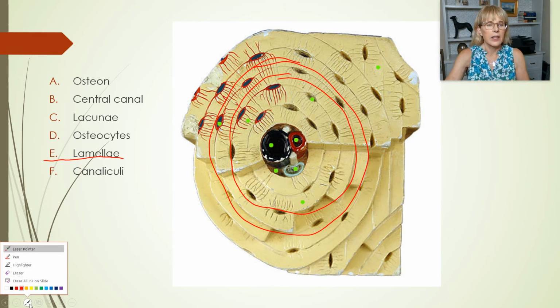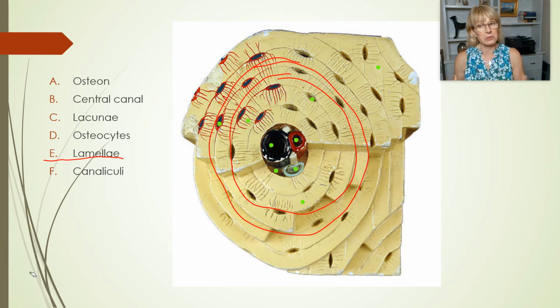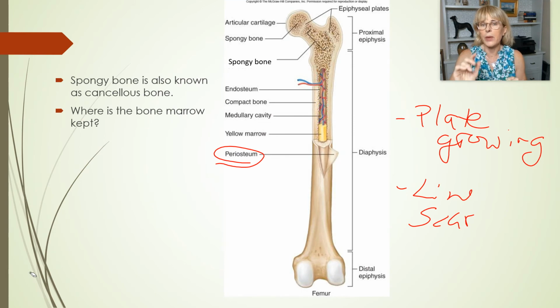Like a tree, it didn't grow as a stump. This whole thing looks like a stump when you're looking at the model, but it's actually a very long column that makes up the substance of the compact bone in your diaphysis.